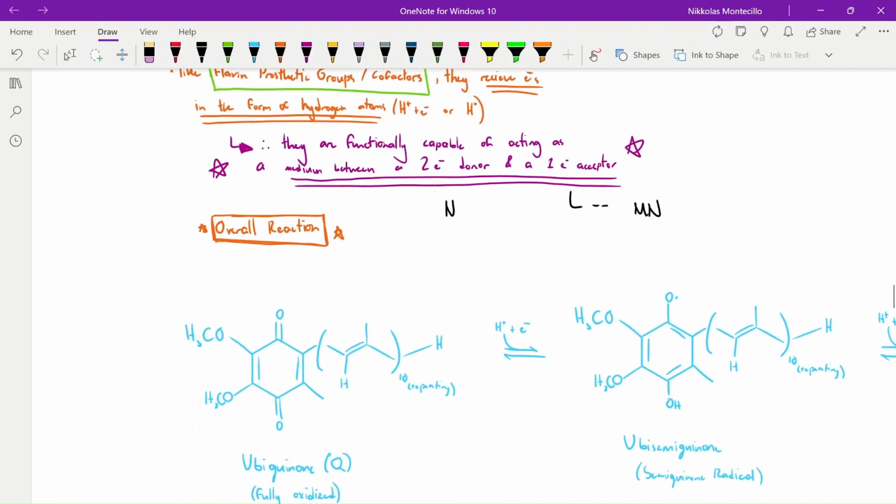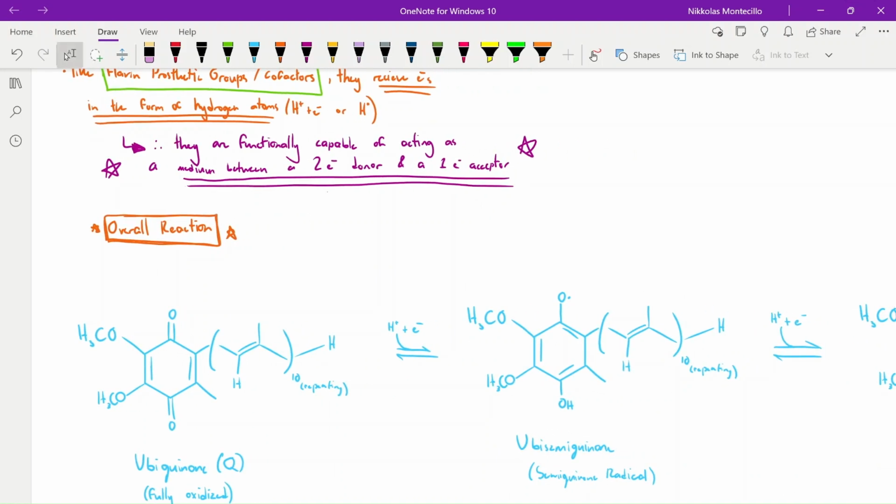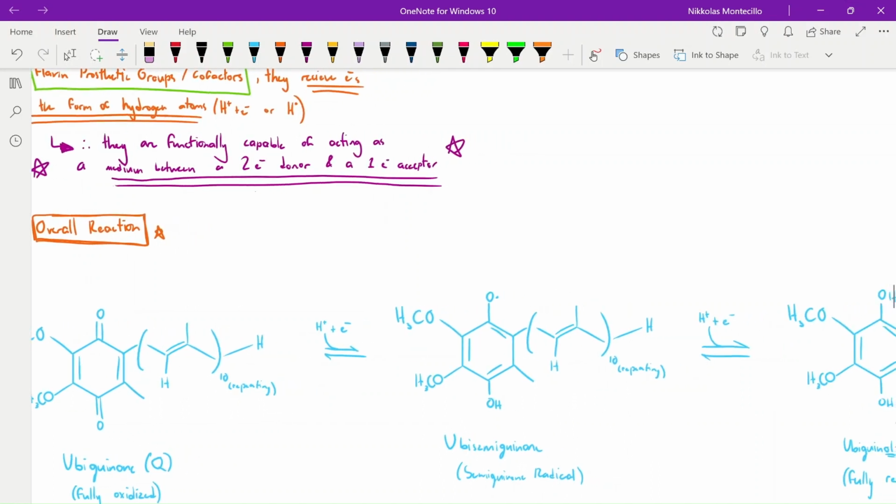Now, here's the overall reaction shown. So ubiquinone in its fully oxidized state can be reduced. Ubiquinone can be fully reduced, can be partially reduced, where we see this oxygen in its partially reduced form, as well as this vinylic alcohol that forms an enol, right?